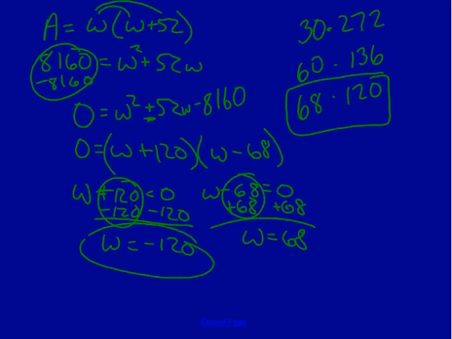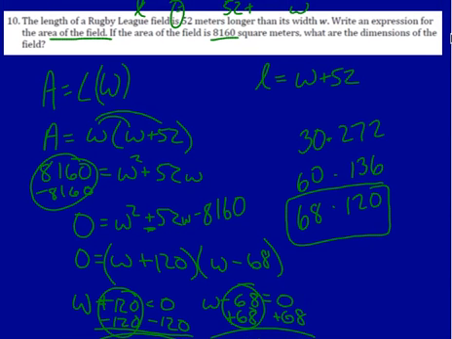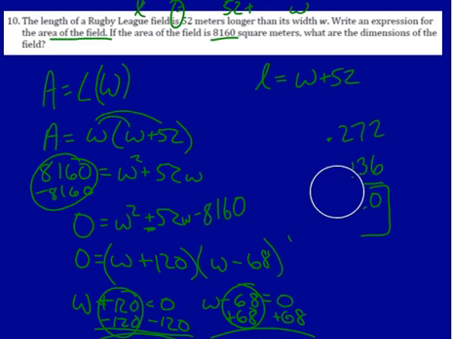So as far as answer goes, that's a terrible answer, alright? Because if we scroll up, did we want the width to be a negative 120? No. What we wanted was the answer that we got, which was, I'm going to erase this right here. Alright, this is my guess and check here.